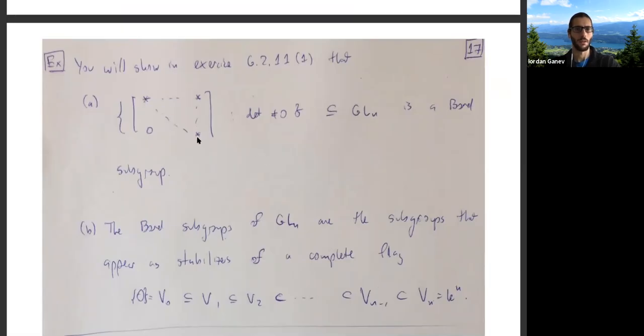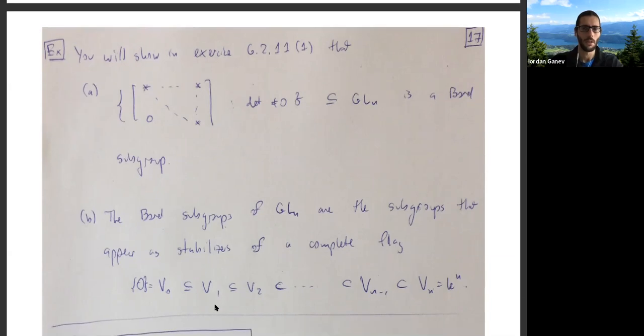There will be this exercise assigned today, in which I'll ask you to show that this subgroup of upper triangular matrices is in fact a Borel subgroup. Maybe you see it already, but you have all the tools at your disposal. That's part A. Part B is that any Borel subgroup of G is of the following form: it's a stabilizer of some complete flag.